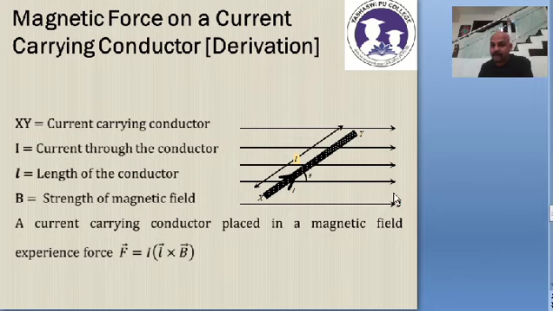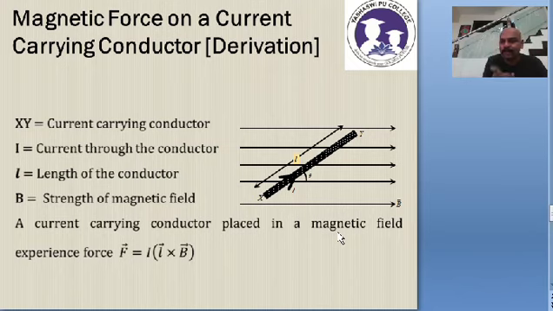In addition to this applied magnetic field, this conductor also produces some other magnetic field because the current is going in the conductor. So that magnetic field is there, as well as the external applied uniform magnetic field. Because of these two magnetic fields, the conductor will experience force.